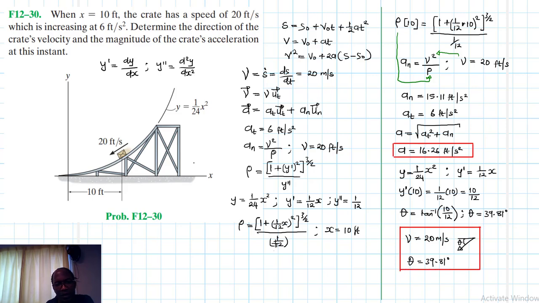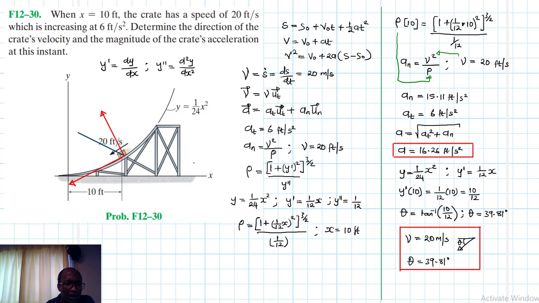Let me just indicate also, let's say this is our tangential, and then this one is our normal, which produces the centripetal acceleration. And then let's say we have the resultant of our acceleration. Which one was bigger? The normal was bigger in our case.